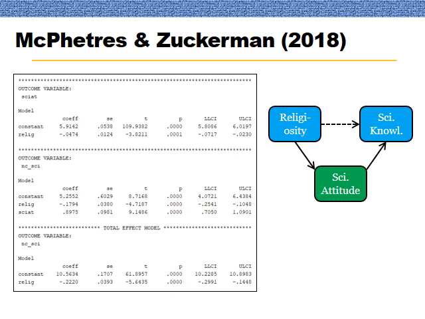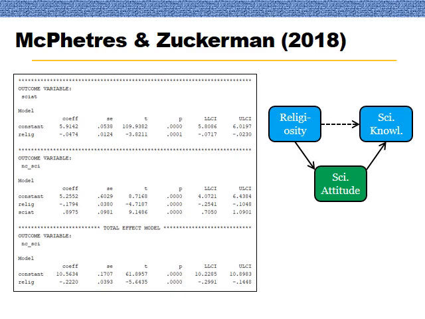Here is the output from process. Now, from top to bottom, what this output is showing us is the results of 3 separate regressions. The first regression shows us the relationship between our X variable, religiosity, and our M variable, attitudes towards science.